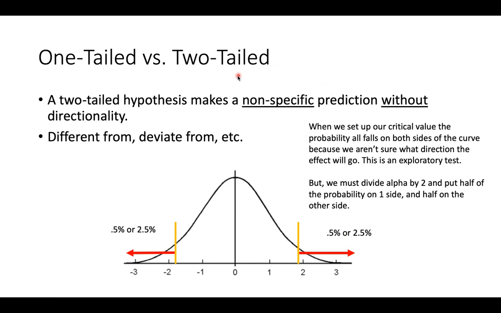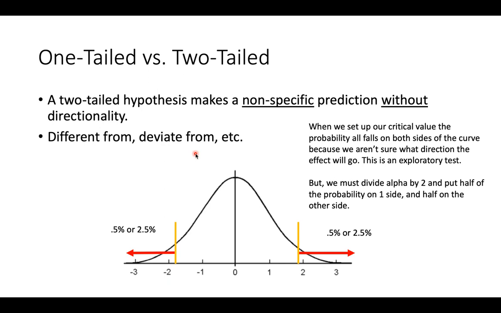However, you can make a two-tailed hypothesis. A two-tailed hypothesis is non-specific, meaning we don't have directionality. This will have language like different from or deviate from or change, things that don't say greater than or less than, just different.